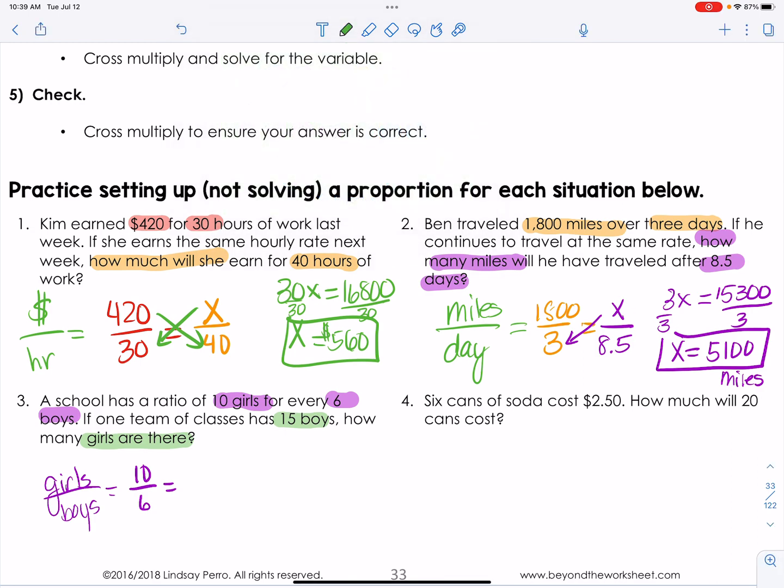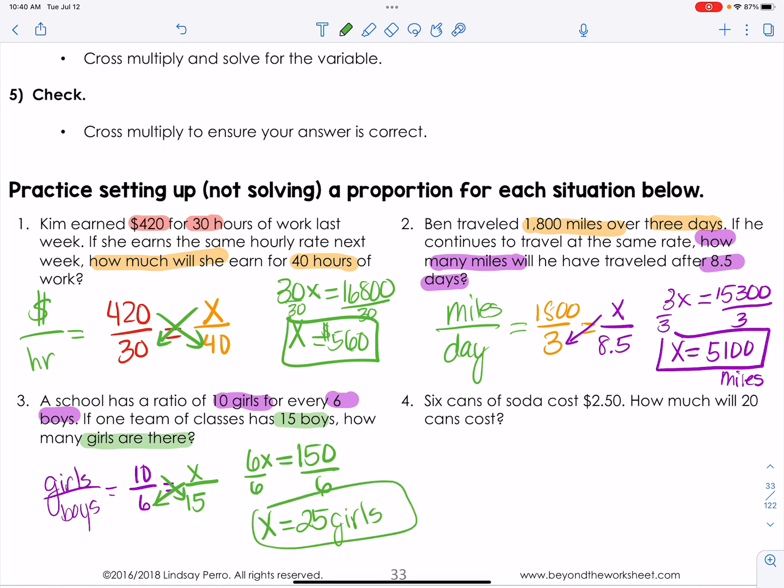If I look at the green, I know boys, and boys go here. So I'm looking for girls. When I cross multiply, I get 6x equals 10 times 15, which is 150. If I divide by 6, I believe it's 25, but I better take out my calculator. 150 divided by 6 is 25. 25 girls.